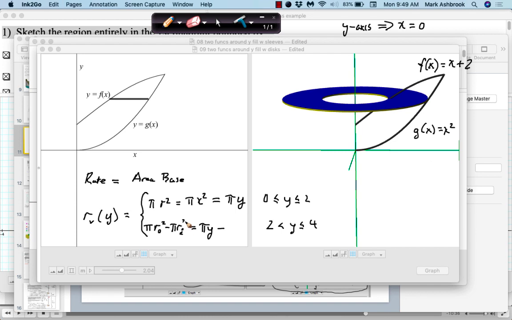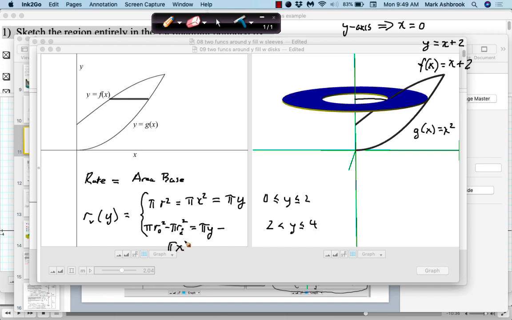Minus, this is squared. Now what's this? This radius, the inner radius. X coordinate, y coordinate, big change in x, or big change in y? Another x coordinate, but it's just the f function, right? So we got y equals x plus 2. The radius is x, so it's going to be pi times x squared.